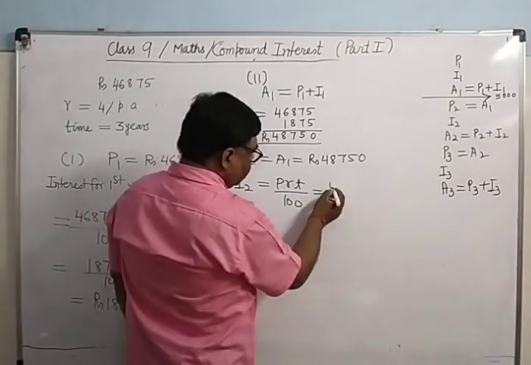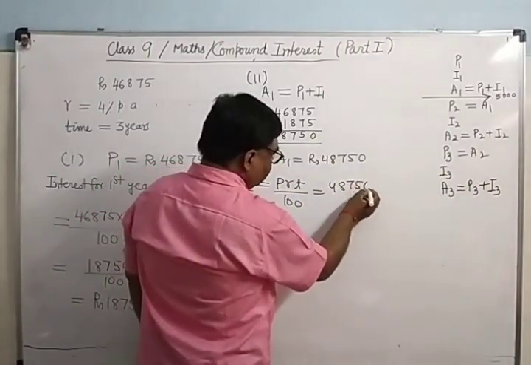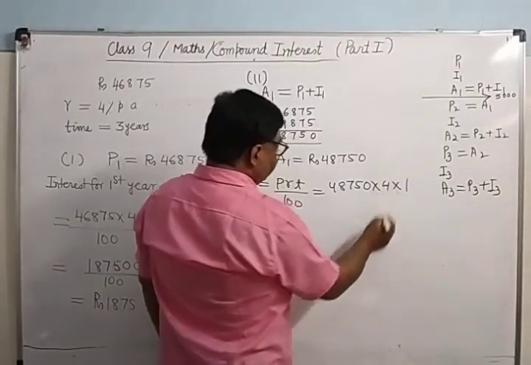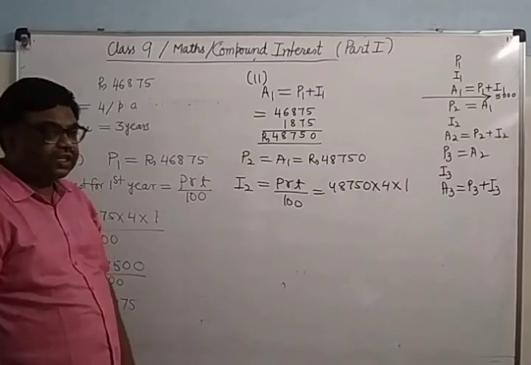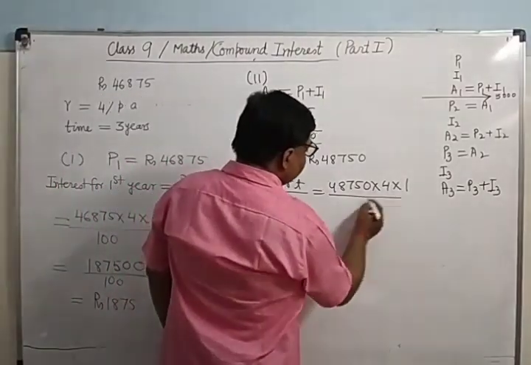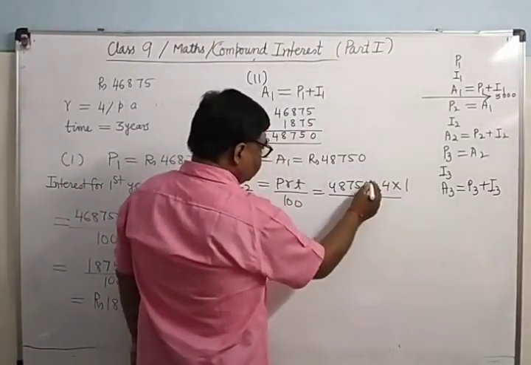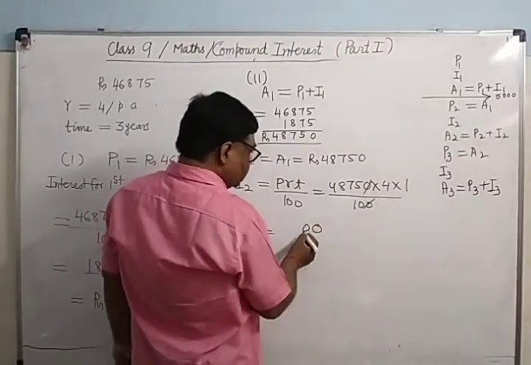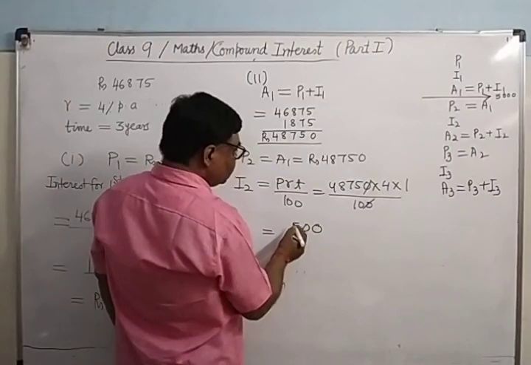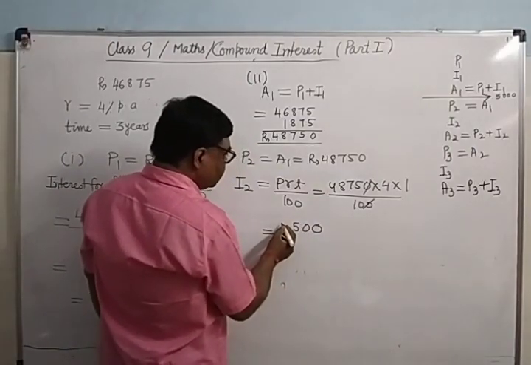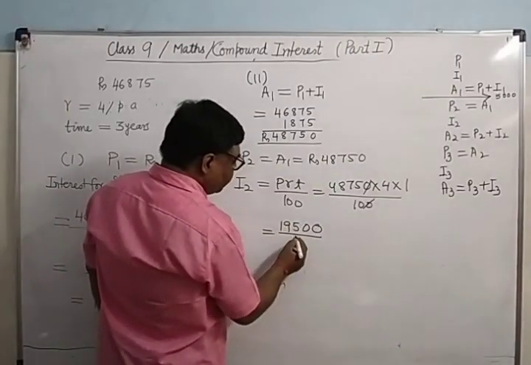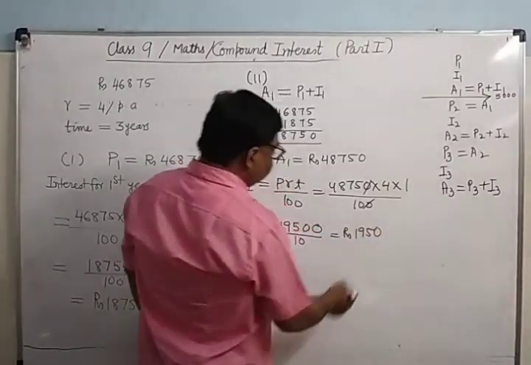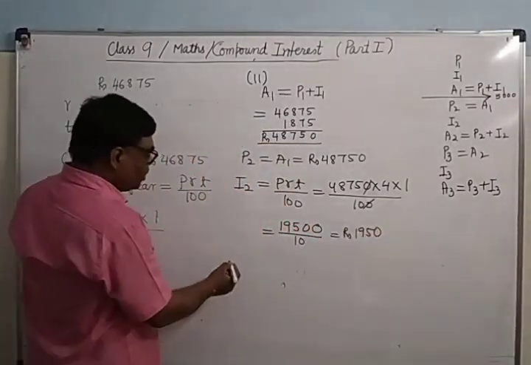P is 48750, the rate is 4, time is once again 1, because this is the interest of the second year, upon 100. So you cancel this, and it comes to rupees 1950. It's clear. So what is A2?